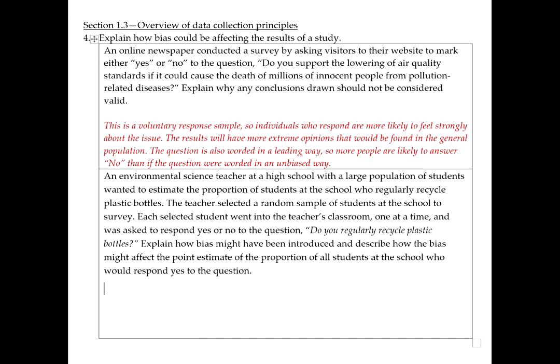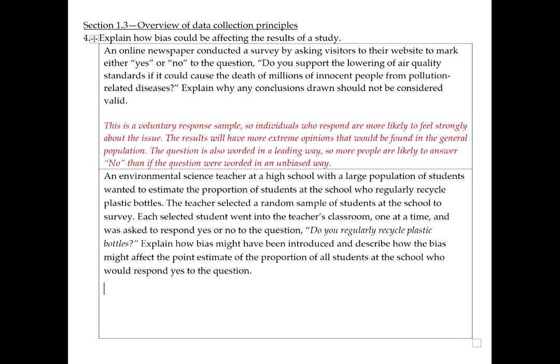This is an environmental science teacher. Likely, the teacher is encouraging recycling. And so if students are coming in and being asked face-to-face by their teacher, it's clearly not anonymous or confidential, and the students likely know what answer the teacher would like to see. And so therefore, they are more likely to answer yes.